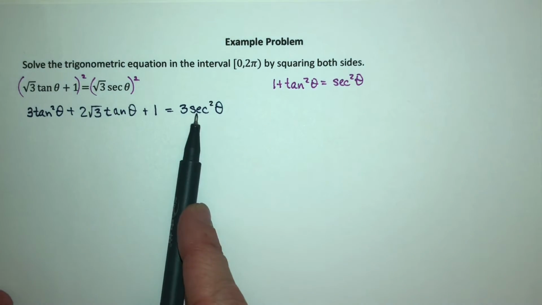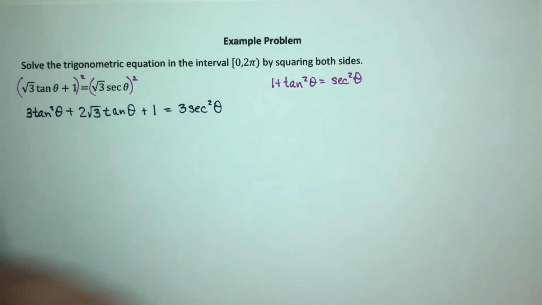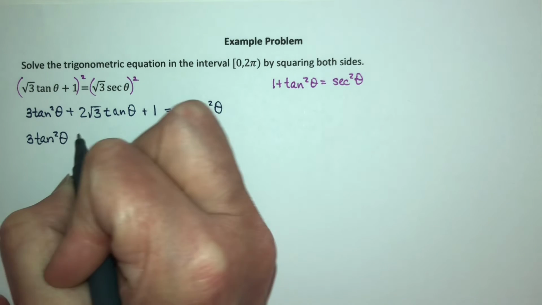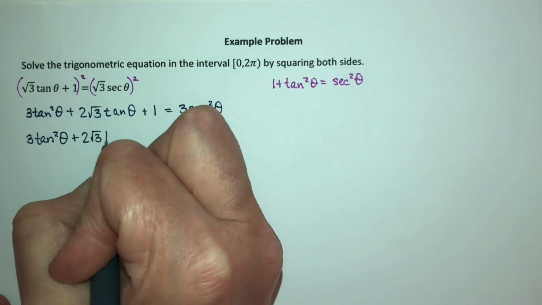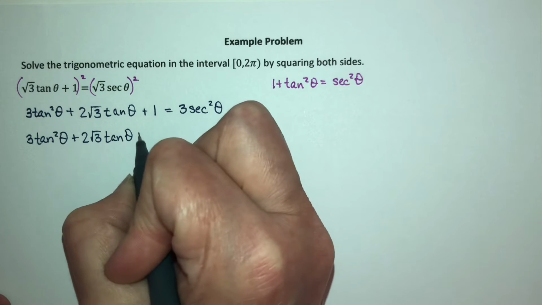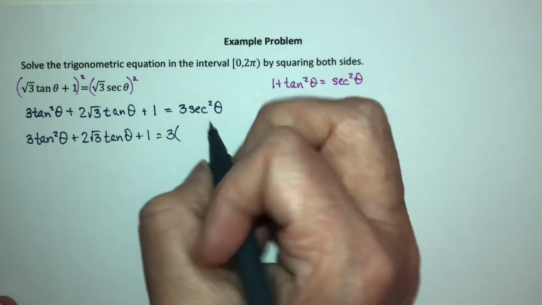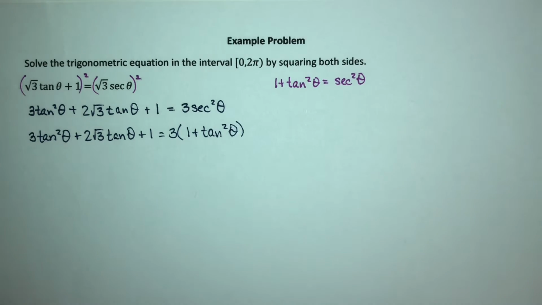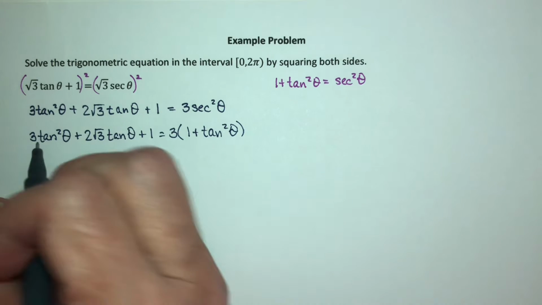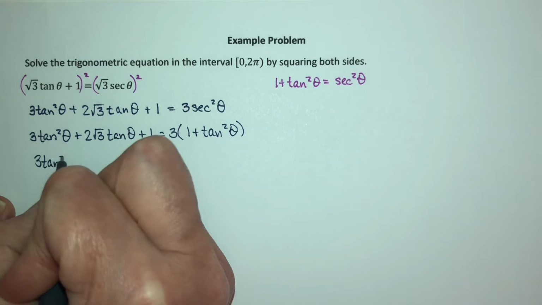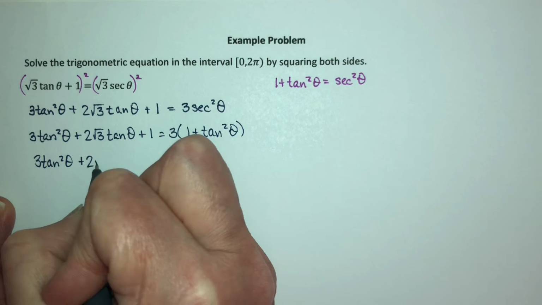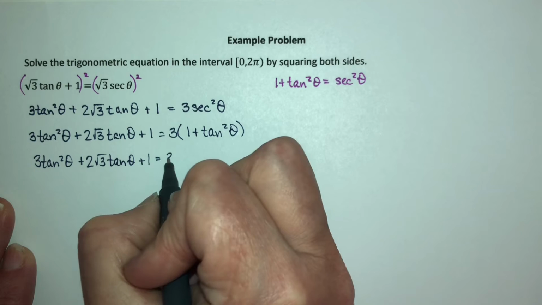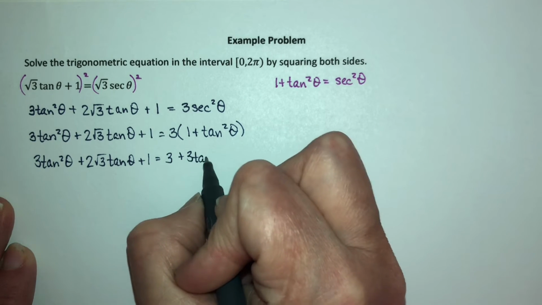So I'm going to make this substitution right here so that I will have all tangents in my problem. So I have 3 times 1 plus tangent squared of theta. Now distribute.